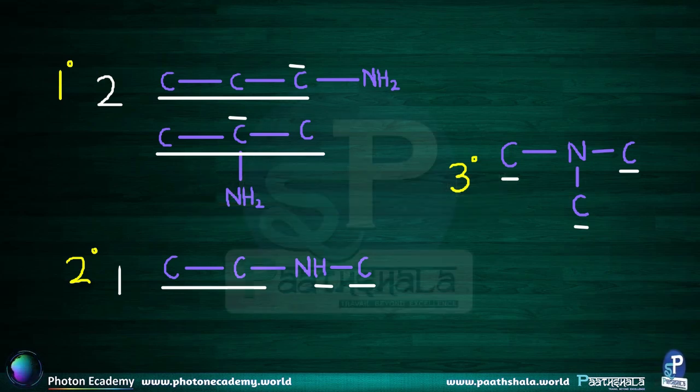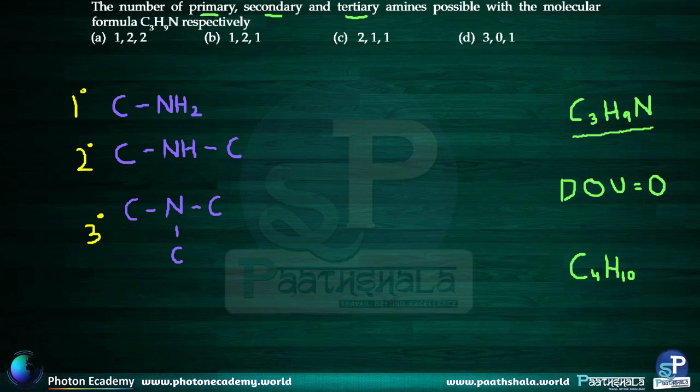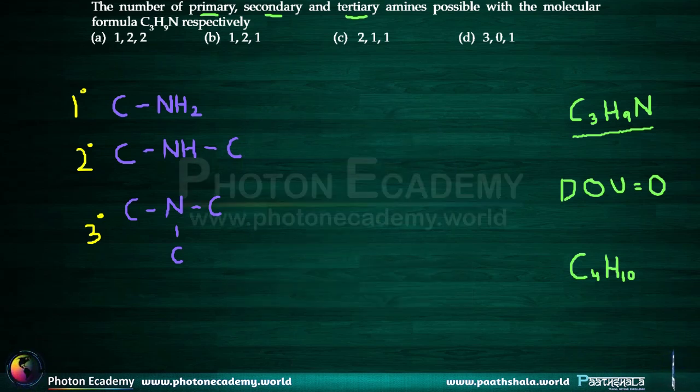So for a molecular structure of a tertiary amine, I get only one structure. Hence, when I look at the available options, the number of the primary, secondary and the tertiary amines possible with molecular formula C3H9N is going to be 211, and the appropriate option is C.